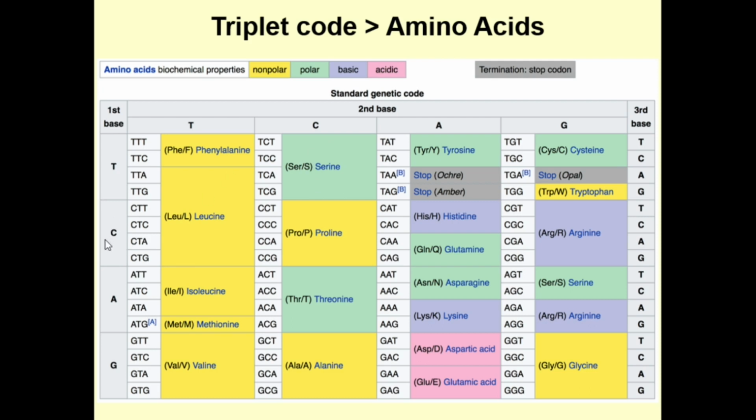If we go C, A, T, that gives us histidine.